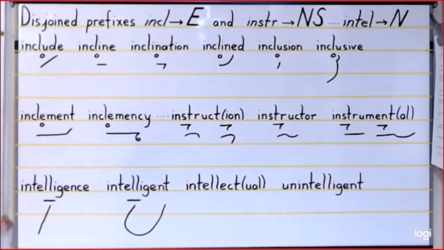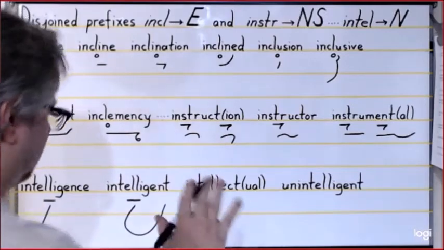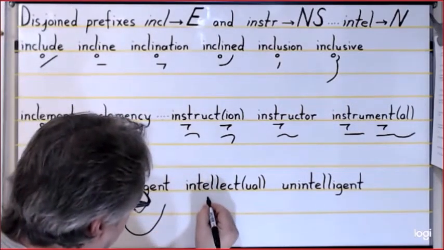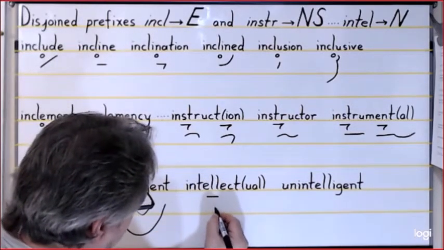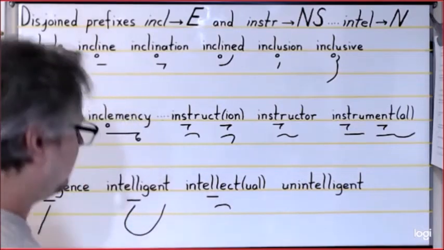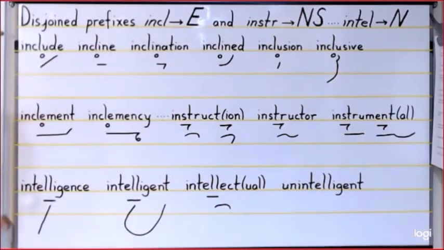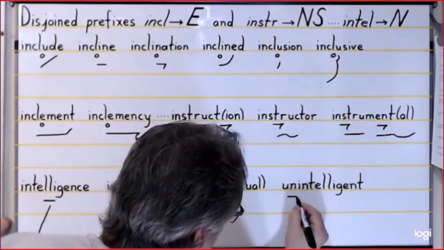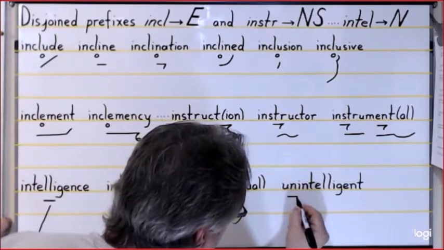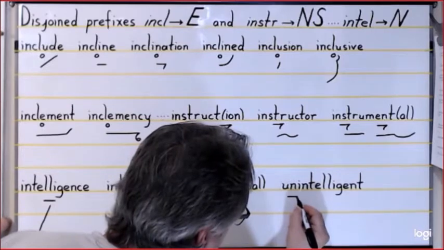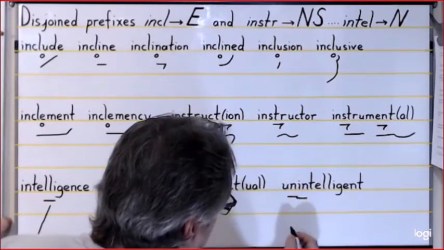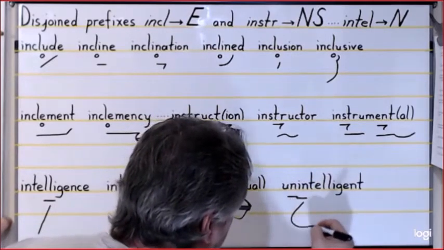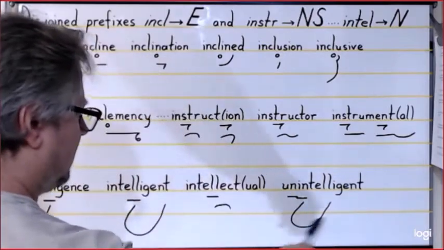For intellect and intellectual is the same outline. It's simply the N and then a separate K. For unintelligent, we're going to write an N for un and then a jogged between the other N and then the GEND stroke for unintelligent.